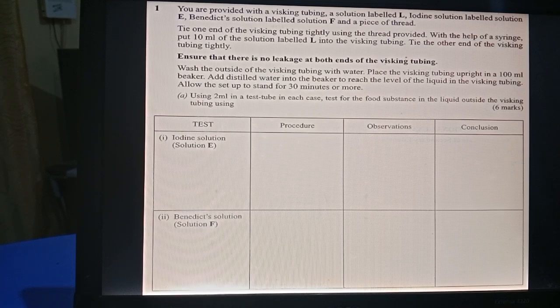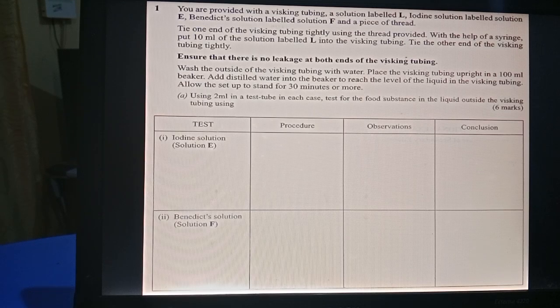This is question 1. You are provided with a Visking tubing, a solution labeled L, iodine solution labeled solution E, Benedict's solution labeled solution F, and a piece of thread.